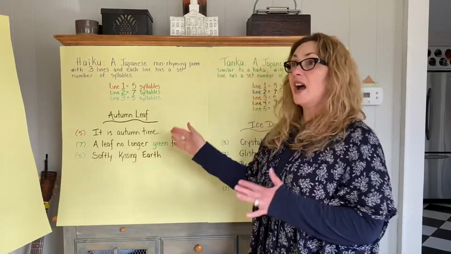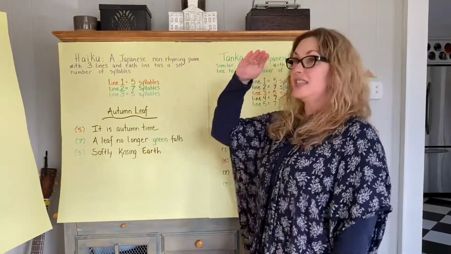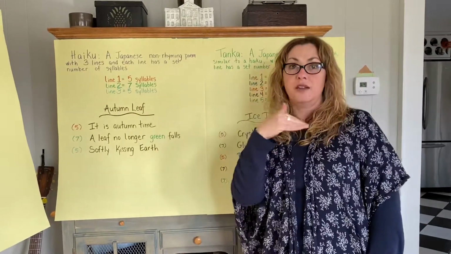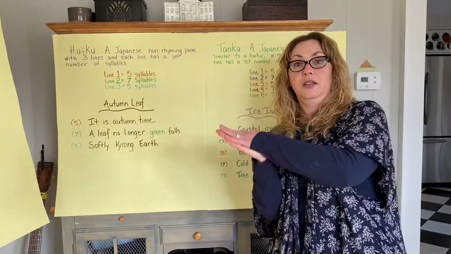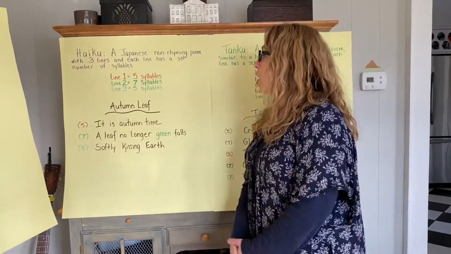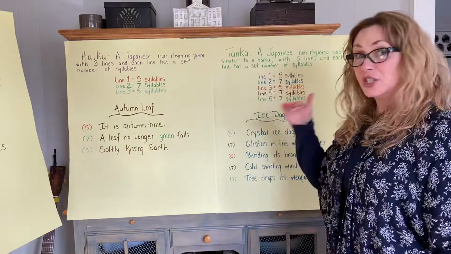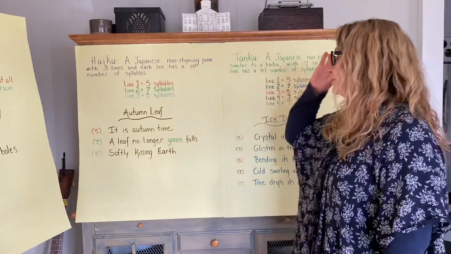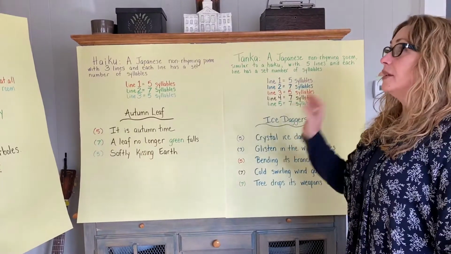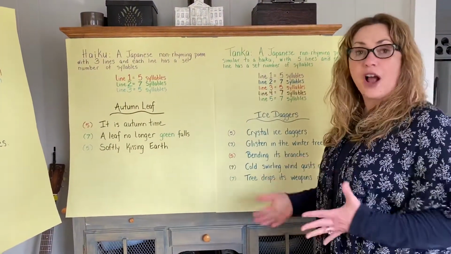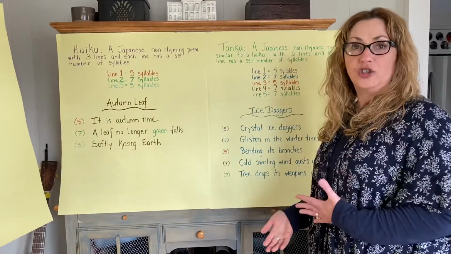So if you think of 5, 7, 5 like a sandwich, 5 is the bread, 7 is the meat, and 5 is the bottom piece of bread, okay? And this poem, Autumn Leaf, I'm gonna show you that pattern, the 5, 7, 5. And something else about haikus and tankas, they are often written about nature.